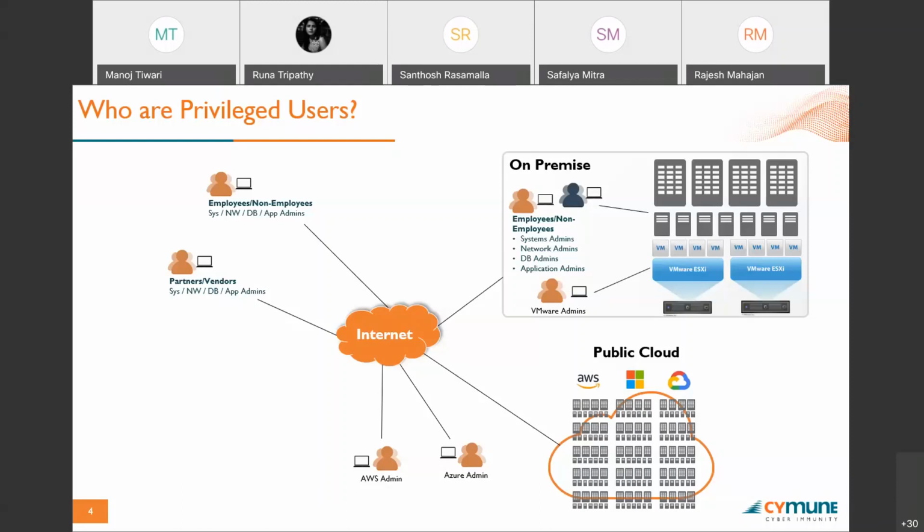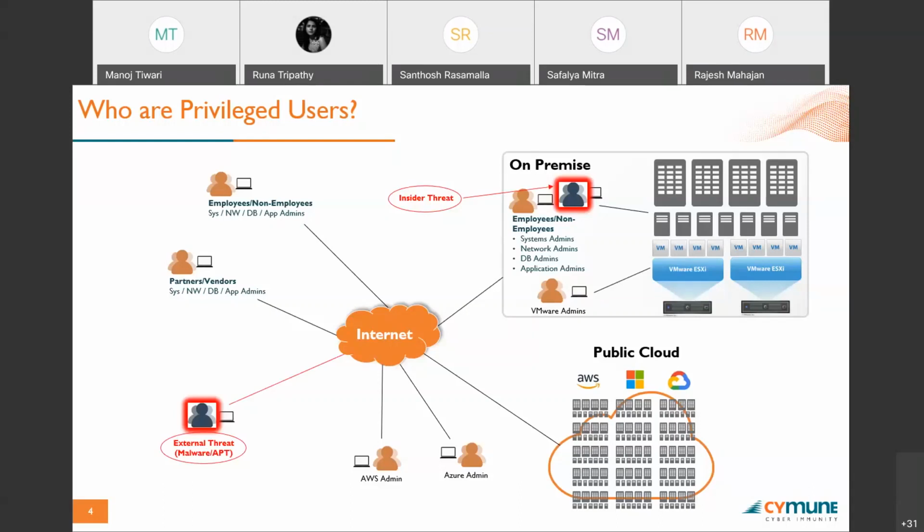So for internal IT administrators, there could be a threat of insider threat, right? There could be a malicious intent of any administrator who wants to really do some damage. So that is called an insider threat. And you may also have some unauthorized user accessing your data from outside, because you have given so many access privileges from outside that they can access your data.